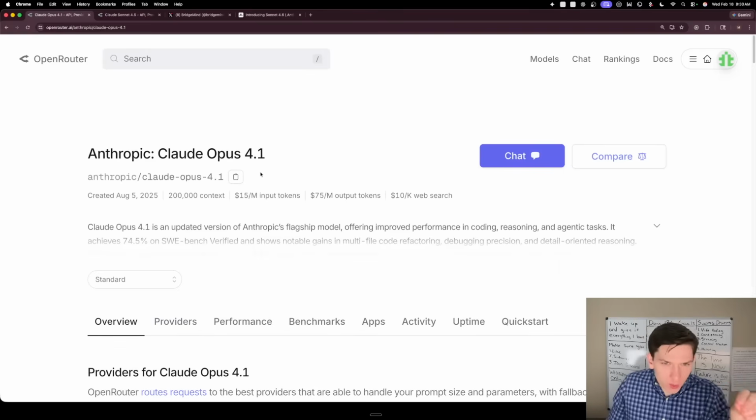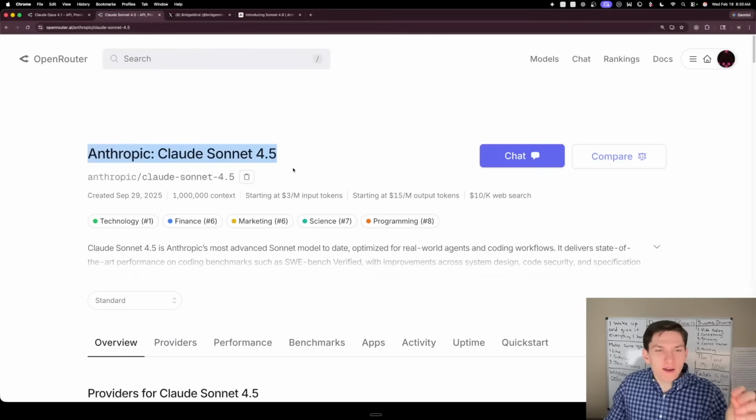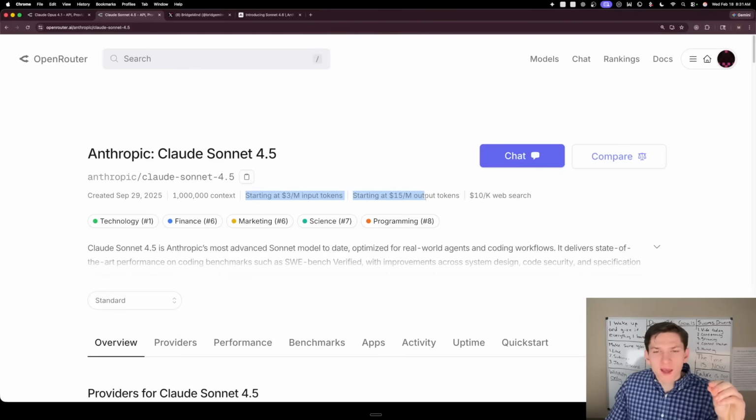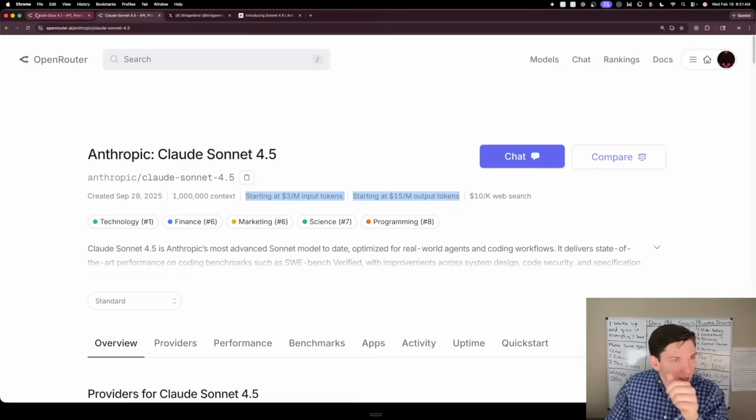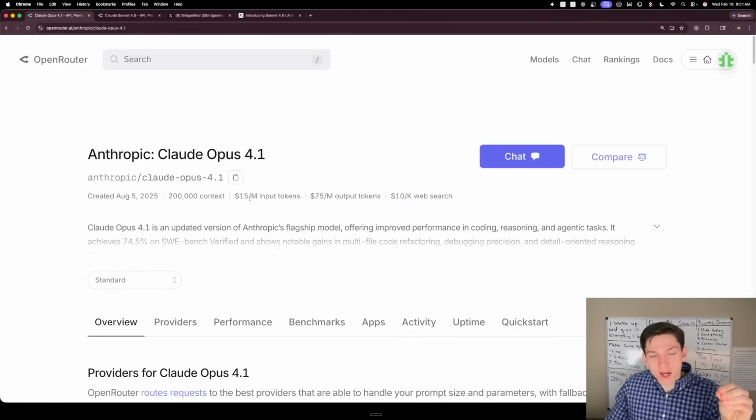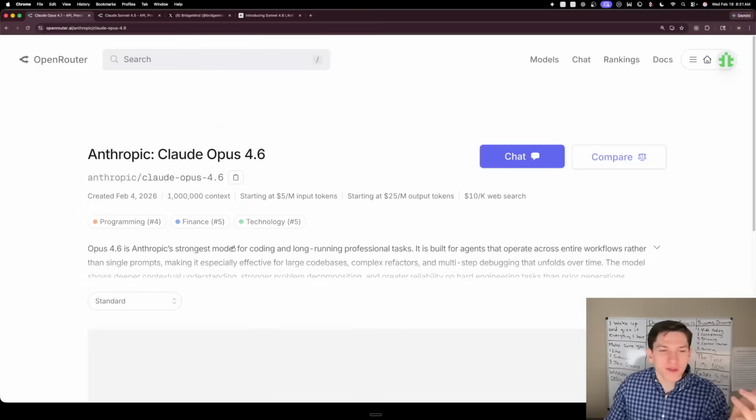And something I want to highlight that some people may forget is that the reason Sonnet 4.5 was so much better at that time, which was maybe 4 or 5 months ago, is that it had this price, $3 per million and $15 per million, while the leading Opus model was $15 per million and $75 per million. So this was a 5x increase in price to use Opus models, but that's no longer the case.